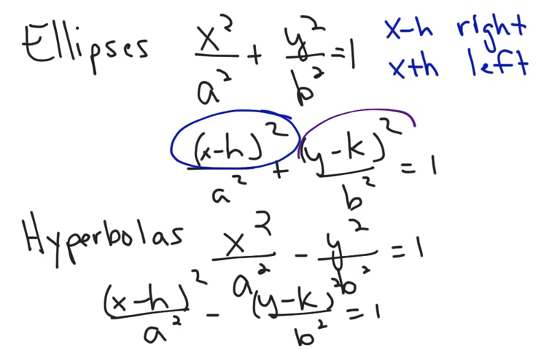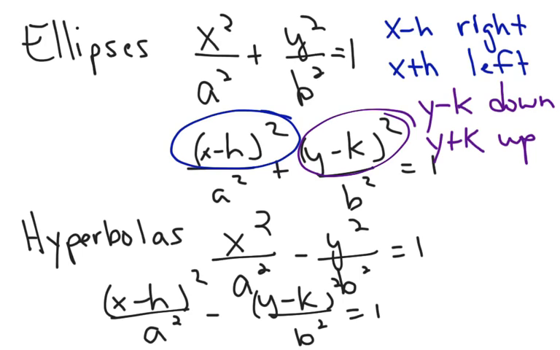In the y parentheses, k will shift the graph either up or down. So if it says y minus k, this will move the graph up k units. But if it says y plus k, it'll move it down k units.